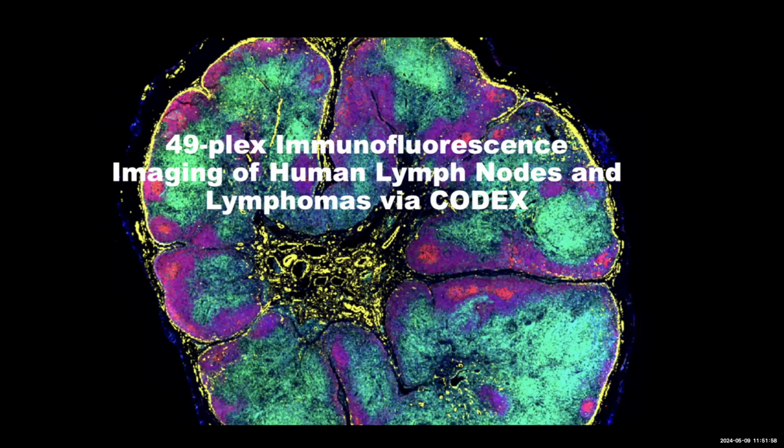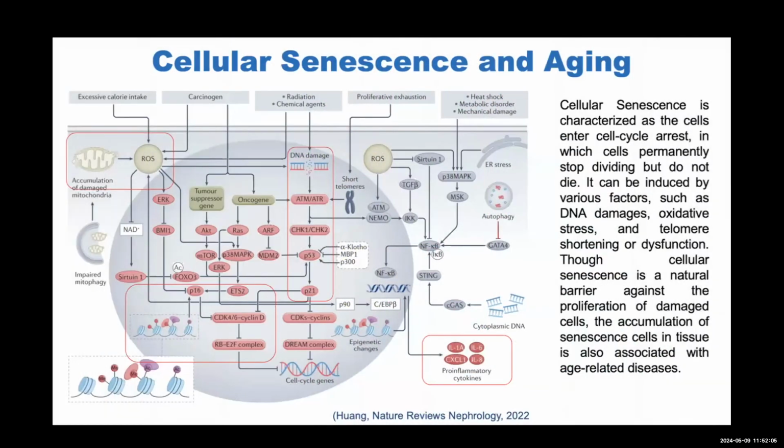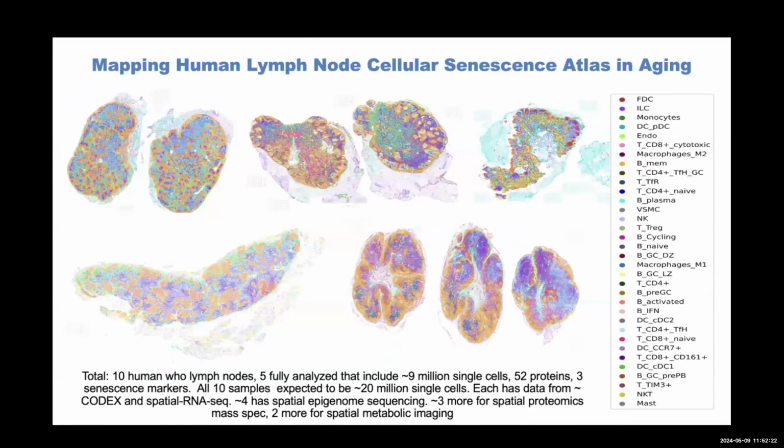In my lab, we are working on high-plex immunofluorescence imaging, and the specific context is cellular senescence and aging. I don't know if that's relevant in plant biology, but I believe development and aging are ubiquitous in any living organism. And so we look at all different cell types in human immune organs, such as lymph nodes, across different age groups.